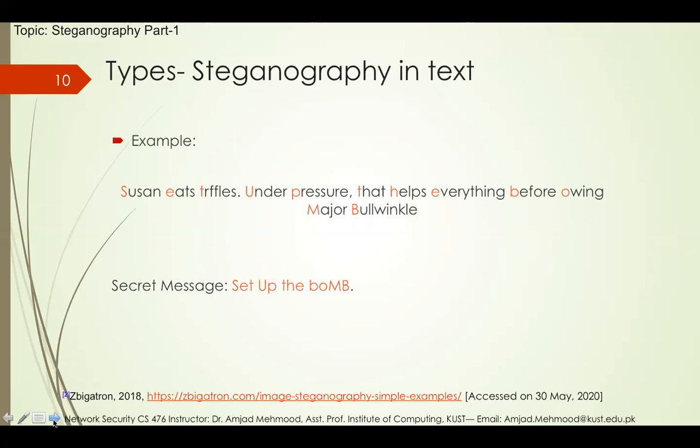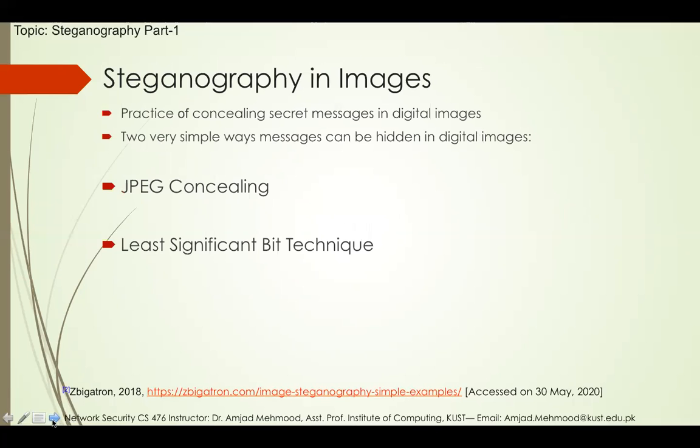Now, steganography in images. We have considered the first example: the practice of concealing a secret message in digital images. If you want to send something to the receiver, we put our information in a digital image and send it to the receiver.